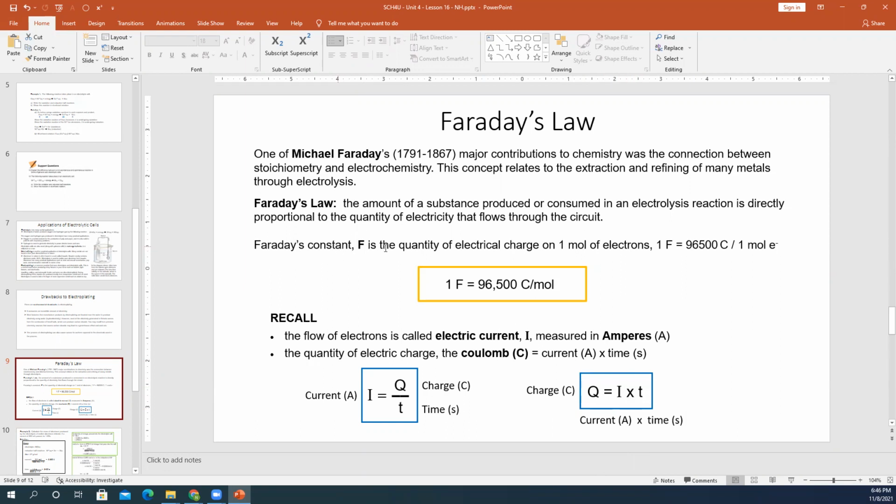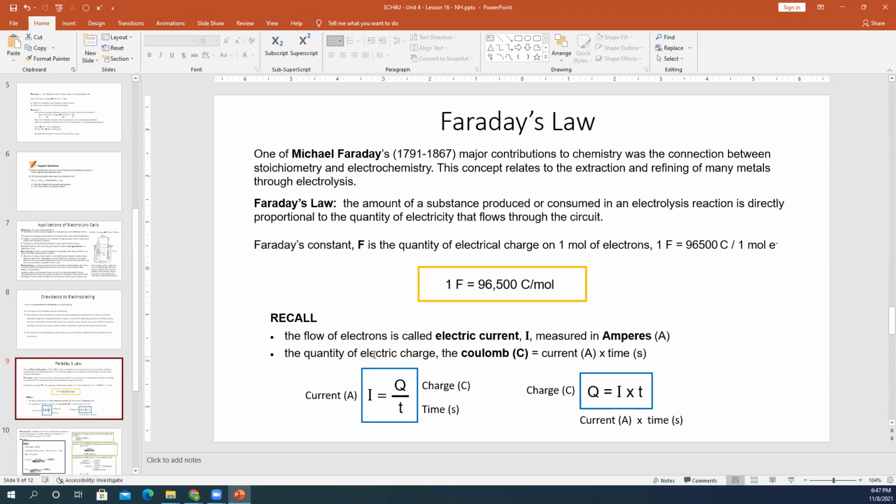There is a Faraday's constant, F, the amount of electric charge on 1 mole of electrons. And 1 Faraday is defined as 96,500 coulombs per mole of electrons.